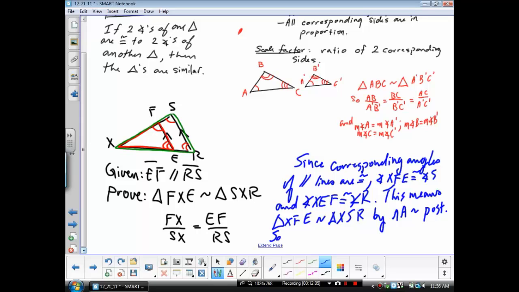So FX will be to SX as EF is to SR. By definition of similar triangles, the corresponding sides must be in proportion. I'm trying to write a Y there. And that finishes our proof.